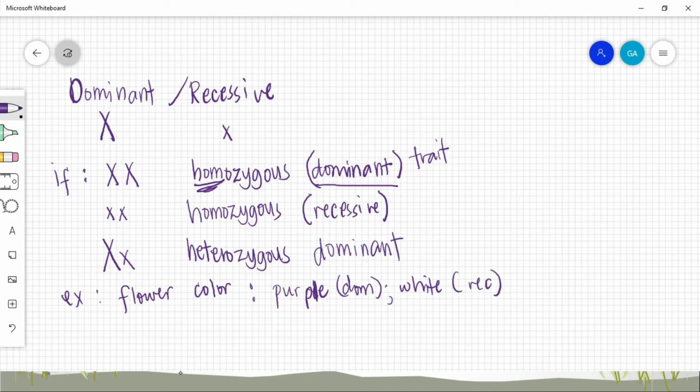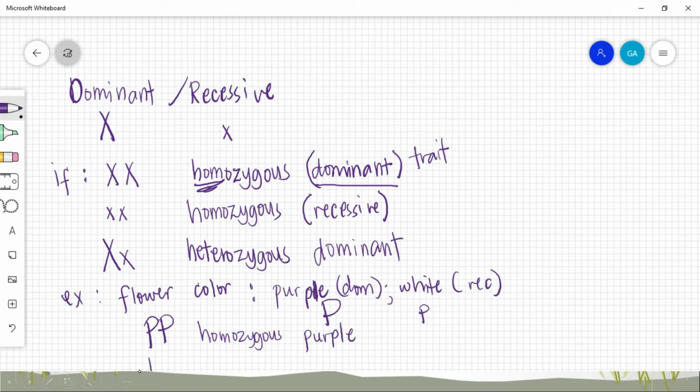So purple is capital letter P, white is small letter p. So we use only one letter for a trait. So flower color, letter P yan. So isang malaki para sa dominant, isang maliit para sa recessive. So if we're going to write it like this, capital letter P, that is homozygous purple.